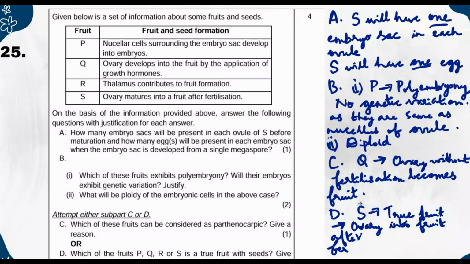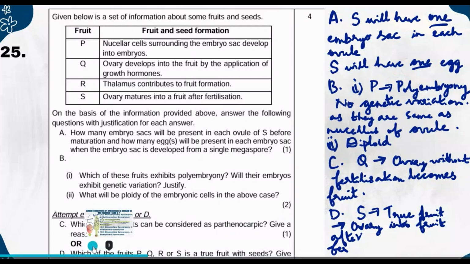Part D of this question: Which of the fruits P, Q, R or S is a true fruit with seeds? Give a reason. Fruit S is a true one, as the ovary matures into fruit after fertilization.